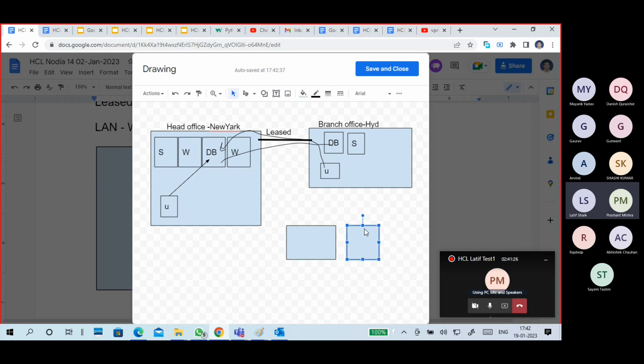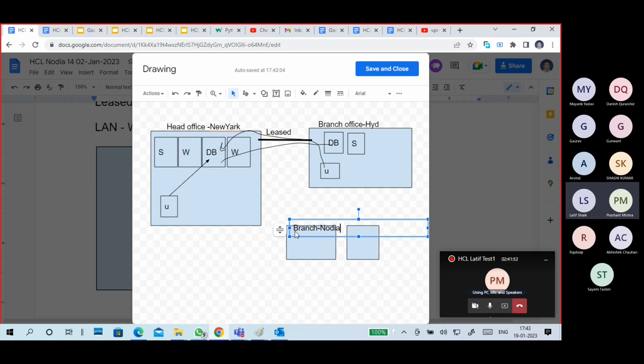There are many configurations, but still the cost is very high compared to other things. You have to agree with the ISP, and for both branches you have to pay. For example, this is my branch office, a small branch office.